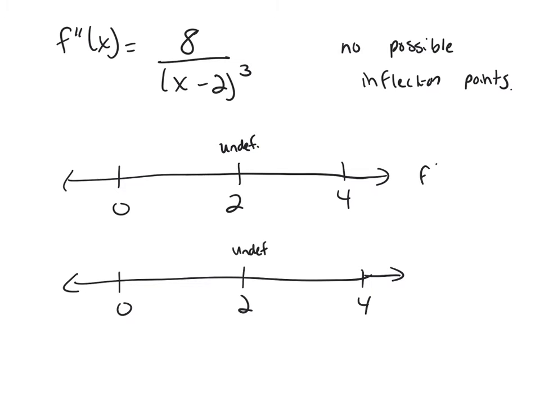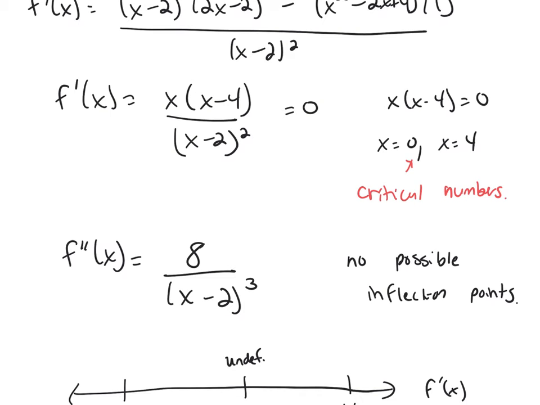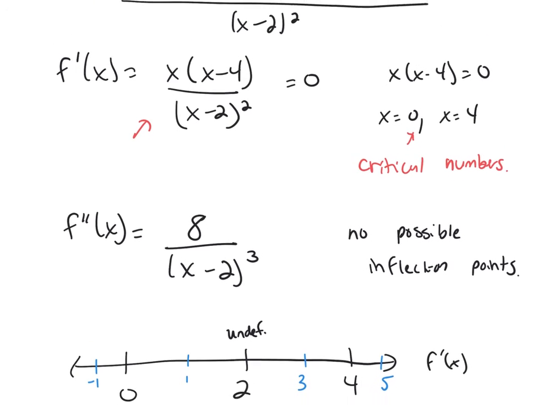This first one will be for the first derivative, the second for the second derivative. So go back to your first derivative. So right here, plug in some test numbers. I'll plug in -1, 1, 3, and 5 into your derivative there.